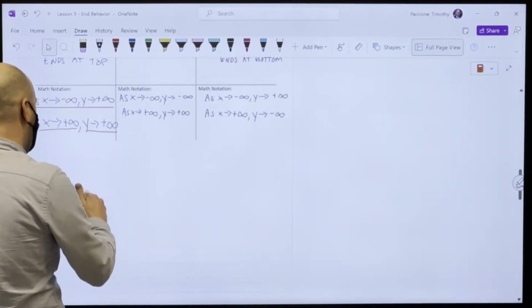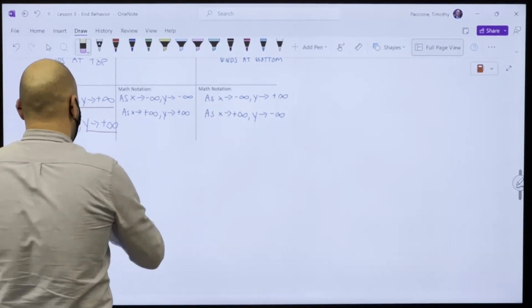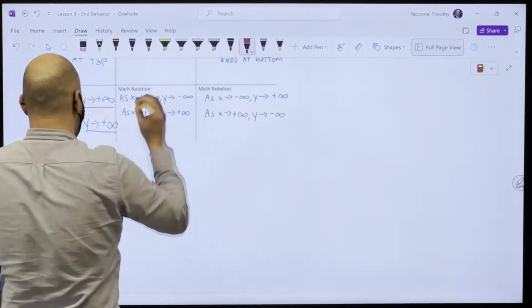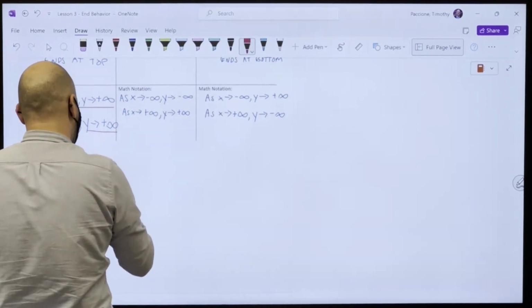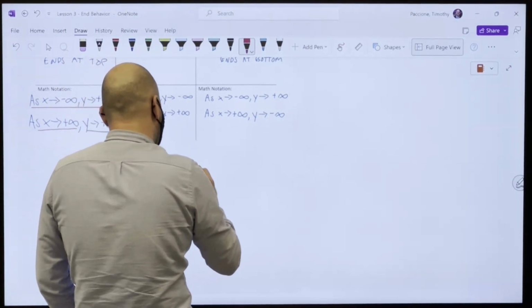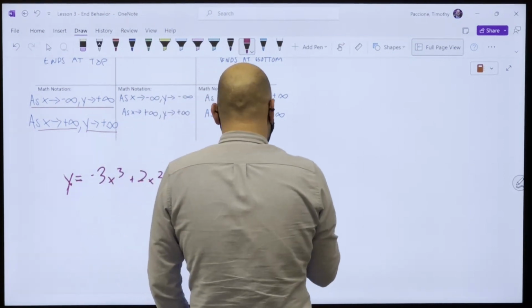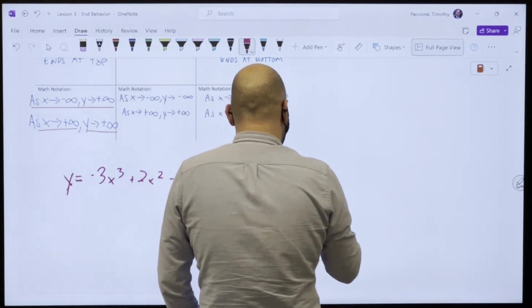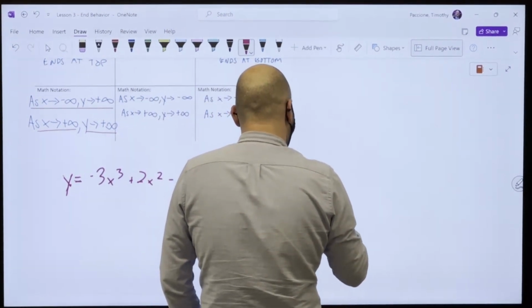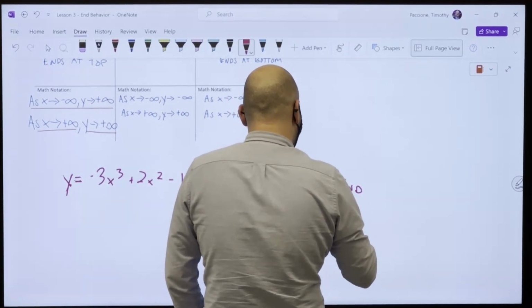And like I said, you're probably going to get a problem that says, y equals negative 3x to the third plus 2x squared minus 10x plus 24. And then it just says, describe the end behavior using math notation.